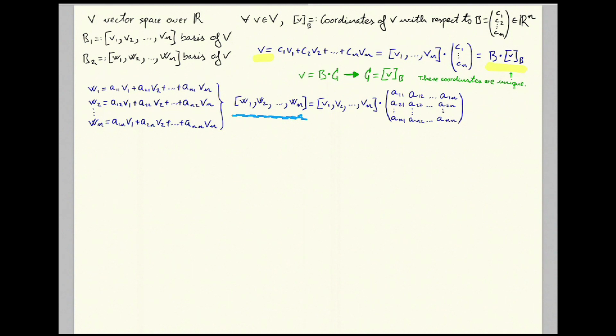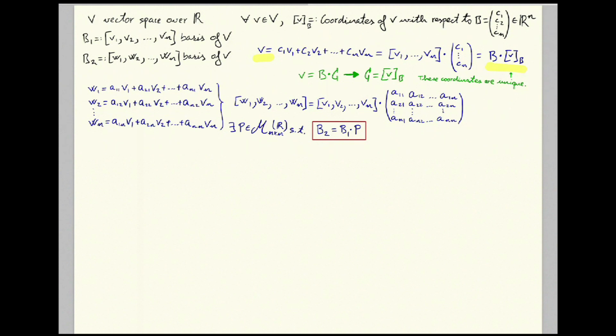This is a matrix of dimension 1 by n, or even in simpler terms, we can say that we have proven right now that there exists a matrix of size n by n with entries in the real numbers such that the second base equals the first base times this matrix.